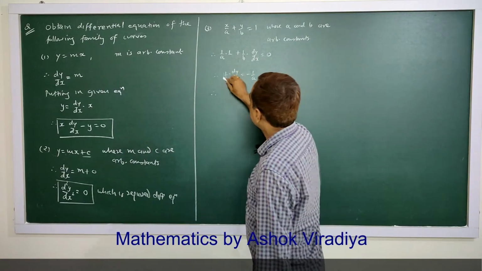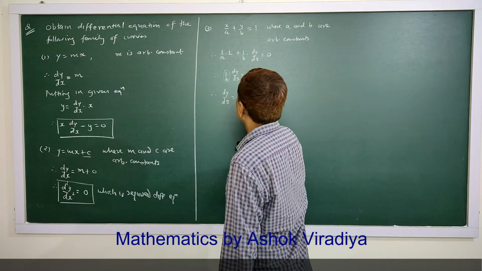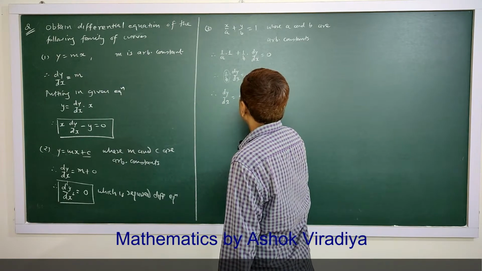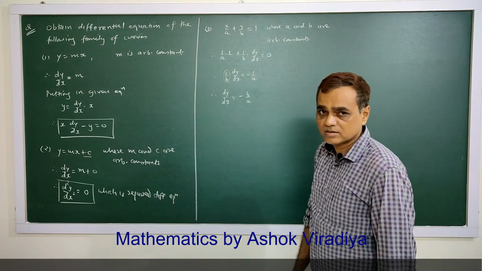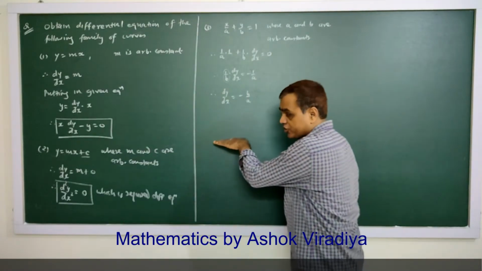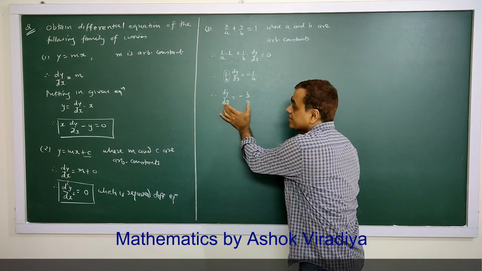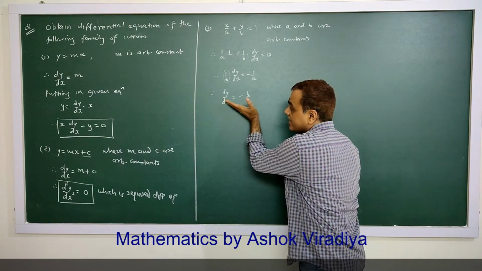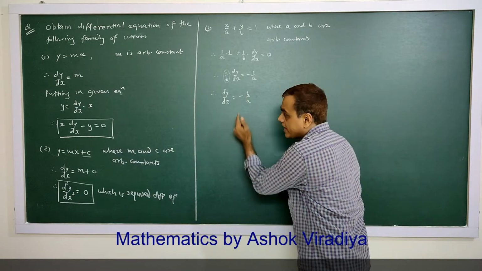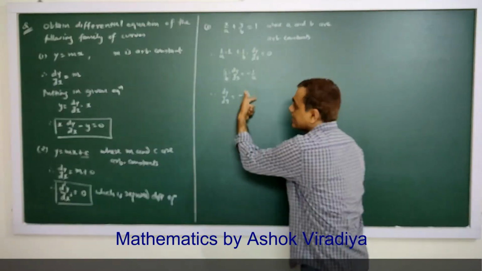Now this b I am taking on this side, so b by a. So before starting the second differentiation, we obtain the equation in a convenient form, so that when taking the second derivative, both will be eliminated at a time.